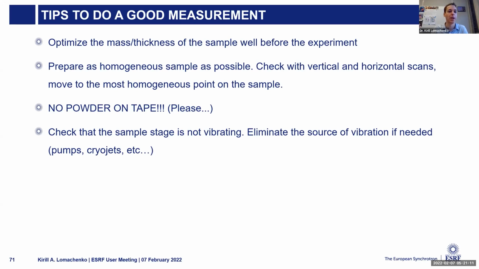Another thing that is much less evident, much more subtle, is that the main goal here is to eliminate things that can change the absorption coefficient of your sample. That is not the actual changes in the chemistry of your sample, right? And the sample in XAS terms, let's say, is everything that is between the two ionization chambers.